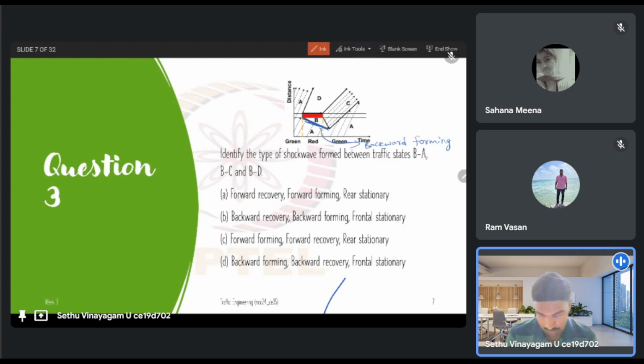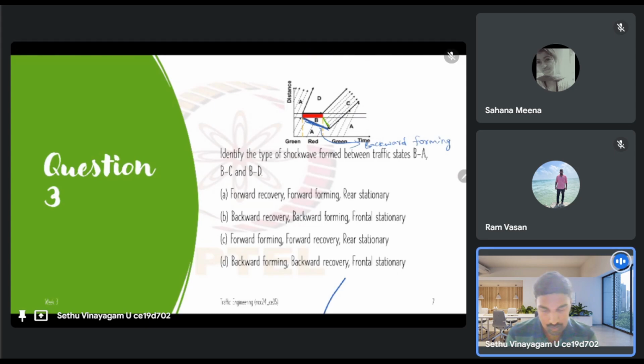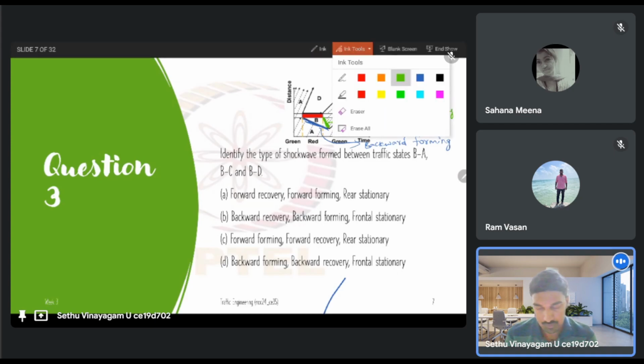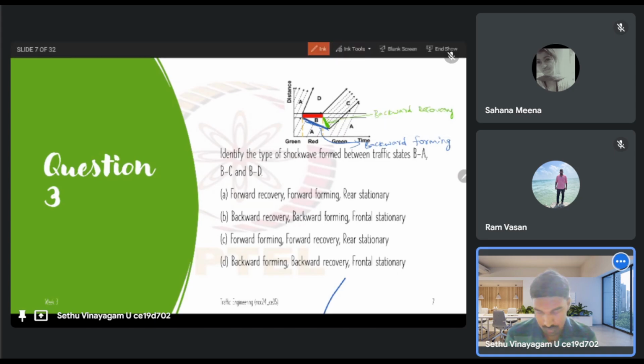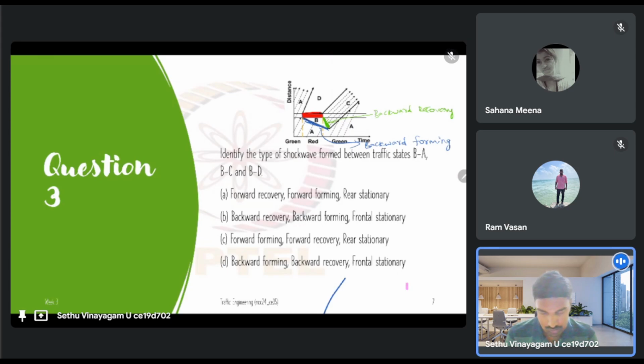Then we have between B and C. Here you have B and then C. This is the shock wave separating traffic states B and C, right? So that is the backward recovery. Finally, we have BD, right? So we have B and D. This is the shock wave separating B and D. So that is the frontal stationary.